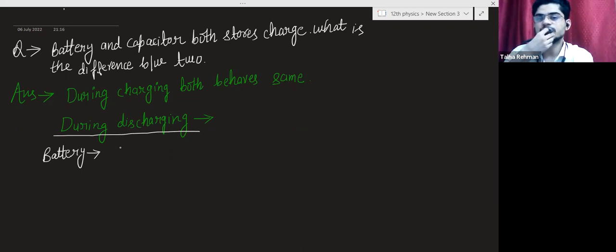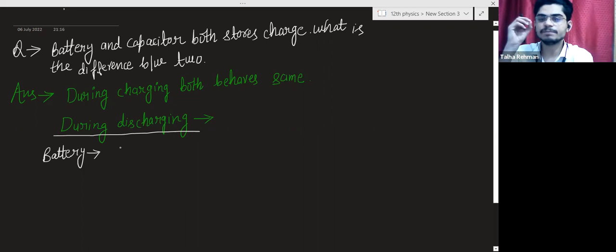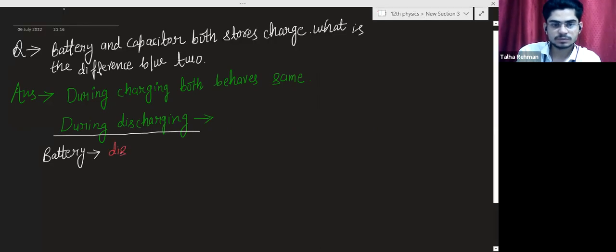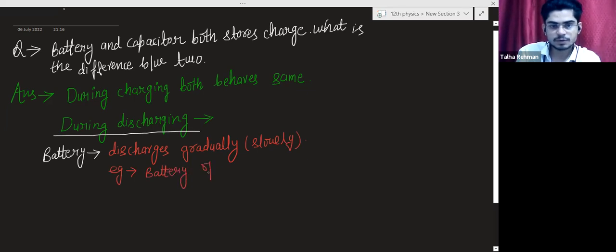The battery discharges gradually, means slowly. For example, the battery of your phone.